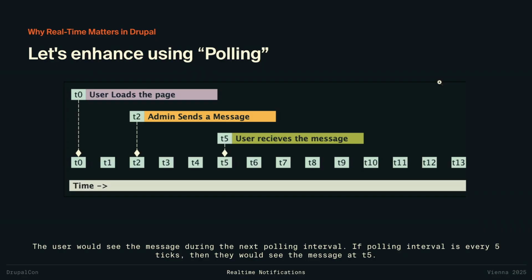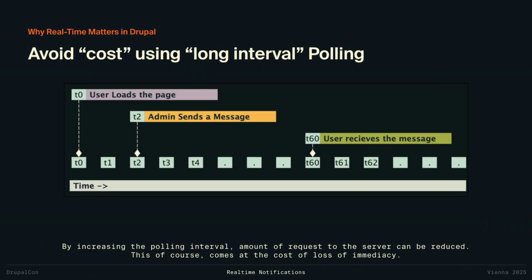So polling is where there is a timer, and we check with the server every fixed interval, and then show the message to the user. Then we have long interval polling. The reason long interval polling is employed in some applications is because imagine every 10 seconds 100 users are checking with the server if there is any new message, and your rate of messages is once in a day.